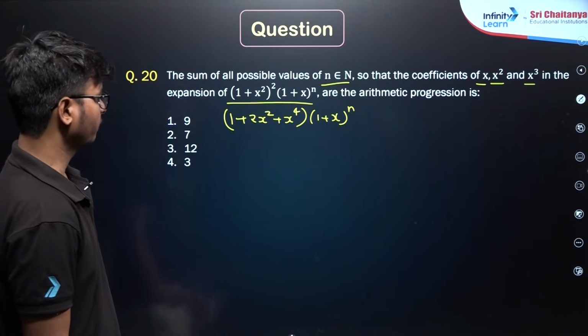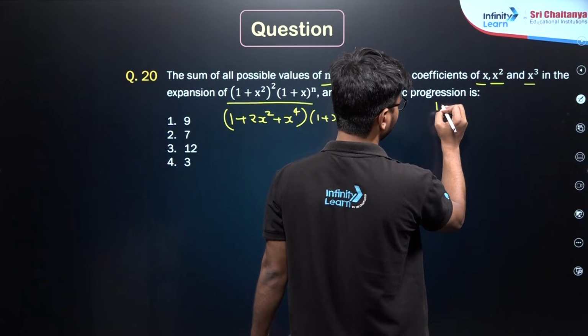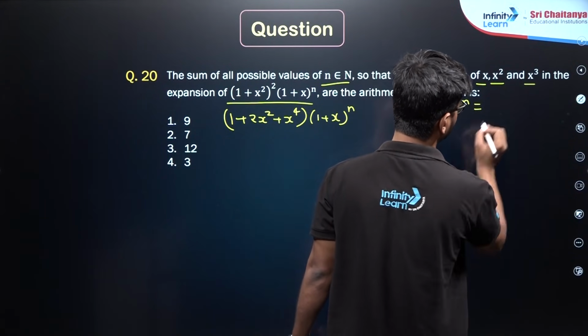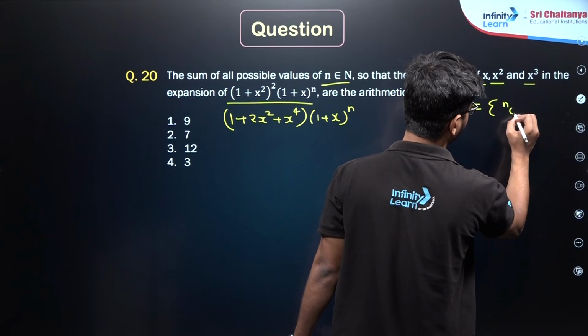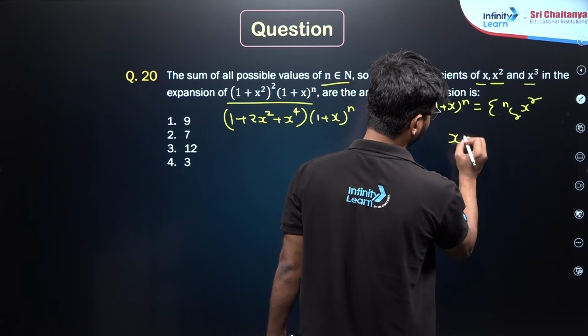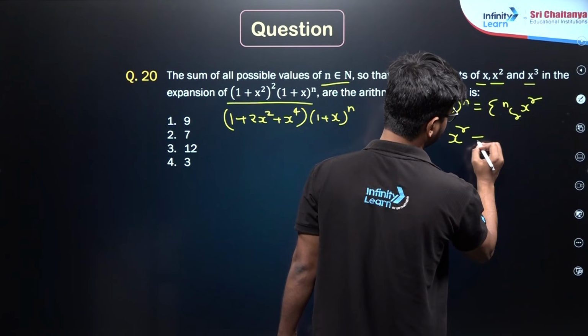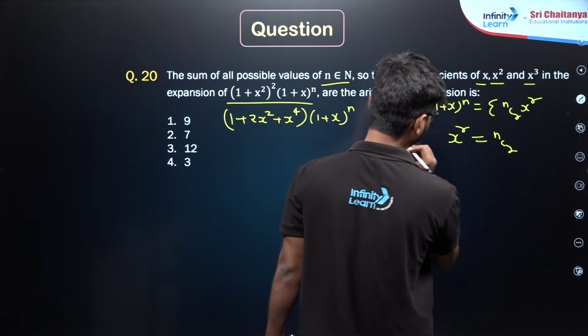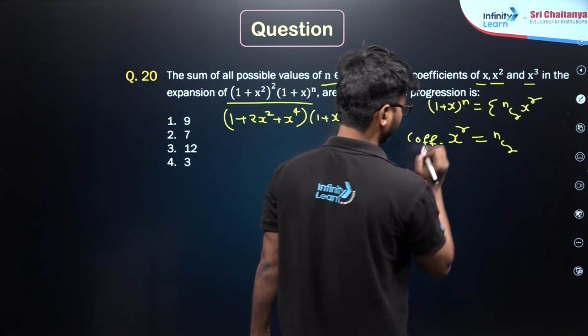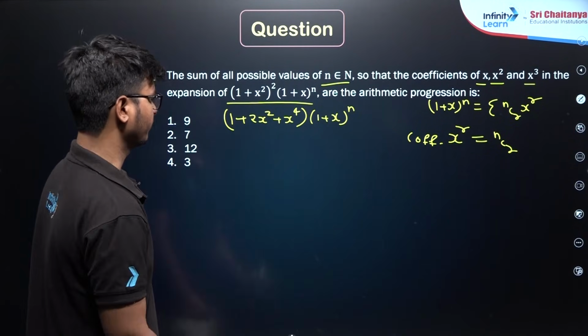Now if you observe, we know that 1 plus x to the power n is equals to summation of nCr x to the power r, means the coefficient of x to the power r is given by nCr, correct?